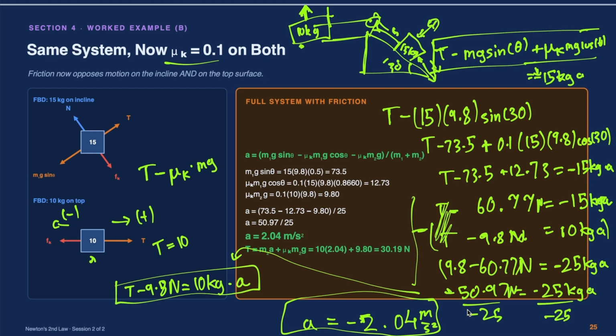Because whoops, it's positive because these two negatives cancel out. So 10 times 2.04, that plus 9.8 is just 30.2 newtons. So 10 times the acceleration, 2.04, plus 9.8 is equal to tension, which is just 30.2 newtons.